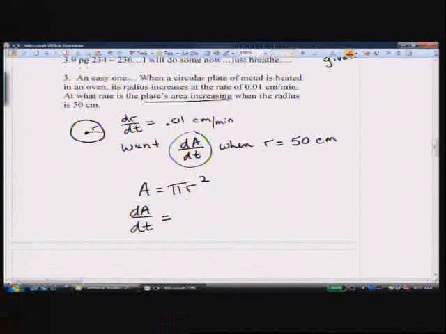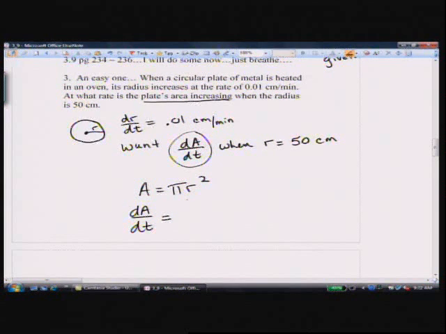I want you to try and tell me the derivative of this problem with respect to time. We have no clue. Oh my God, what are you doing? You're so mean. You don't think I can see you? Why aren't you paying attention?